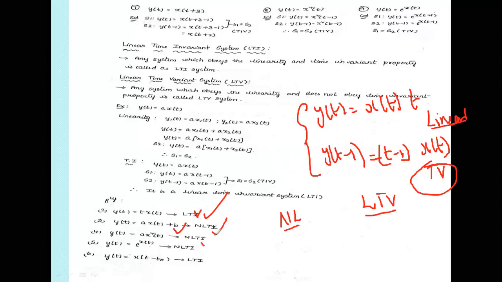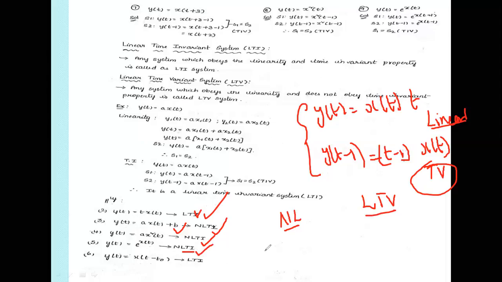So it is a non-linear time invariant function. E power x of t is also non-linear, as we already saw, and in time variance it is time invariant, so it is a non-linear time invariant function.